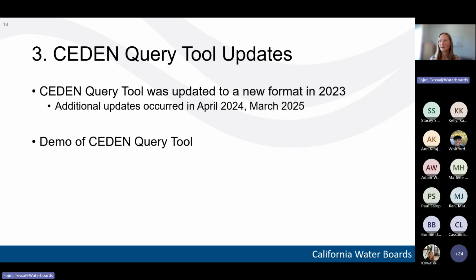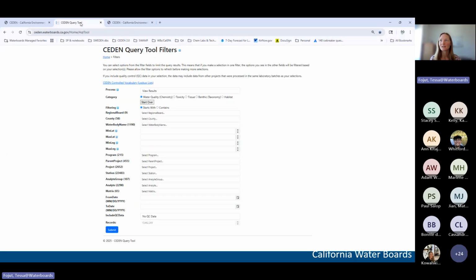We had a whole new format back in 2023, and then we did a couple updates in April of 2024, and then a couple more updates just this past March. Since we hadn't talked about the query tool in a user group meeting, I would just go over it, give a little overview of some of the functions, and folks can ask questions too.